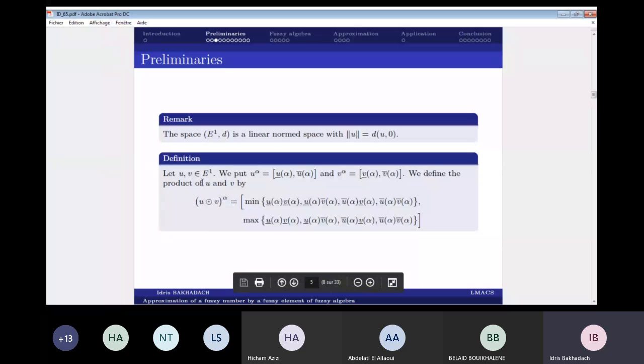Now, given two fuzzy elements, we define the product of fuzzy numbers, the alpha cut of this product, by this equality.